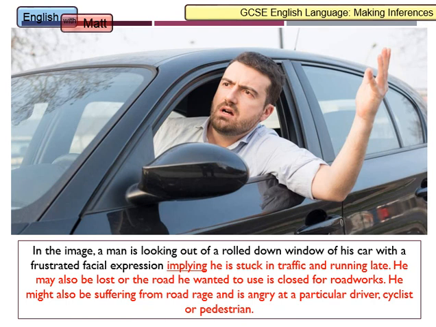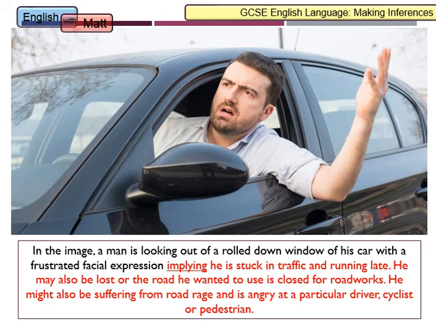Again, we cannot be 100% sure, but what we've said there in red, our inference, could be logical. It could be correct, but based on the evidence that we have, that's all we can say. So again, the black is what we can actually see, the evidence itself, and the red is how we've interpreted it. It's the inference. Here, we've used the word implying instead of suggesting, but it means the same.